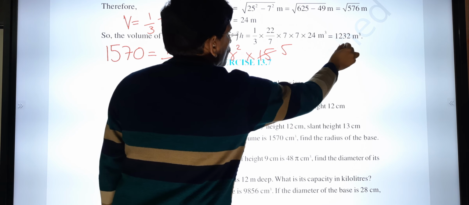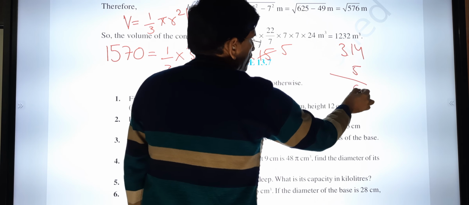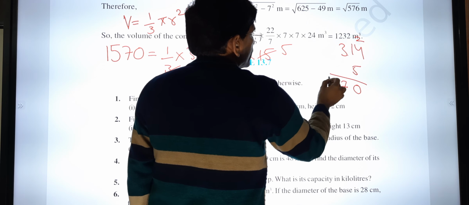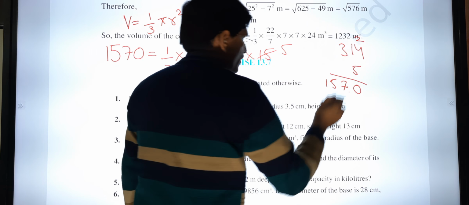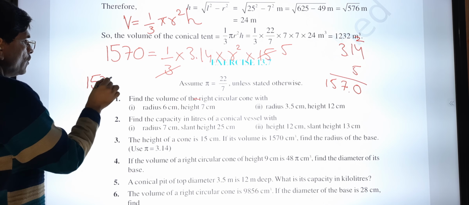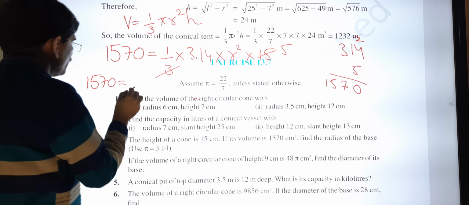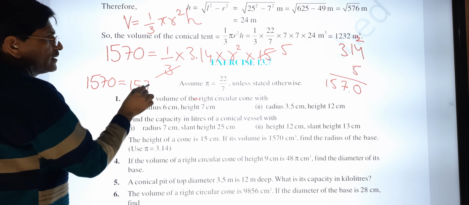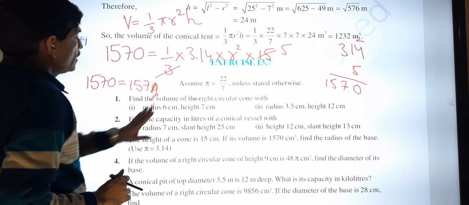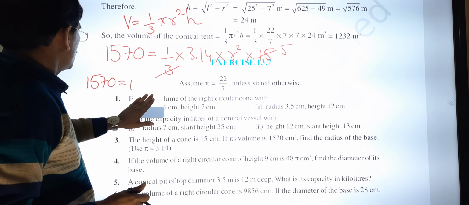So 3.14 into 5. 5 4s are 20. 5 1s are 5 plus 2, 7. 5 3s are 15. Point afterward 1. So 157. So 1570 is equal to 3.14 into 5, that is 157. Here it is a decimal point, so we can remove these also.